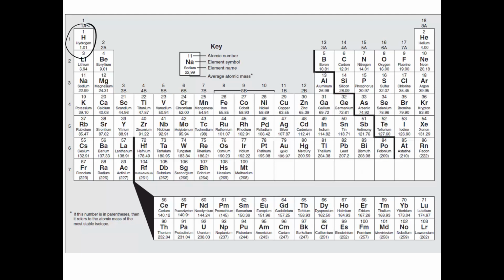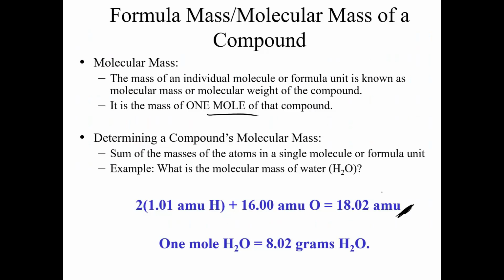Hydrogen is 1.02, oxygen is 16. You add it all up, you get 18.02 AMU, and that turns into 18 grams per mole. This becomes a conversion factor, right?